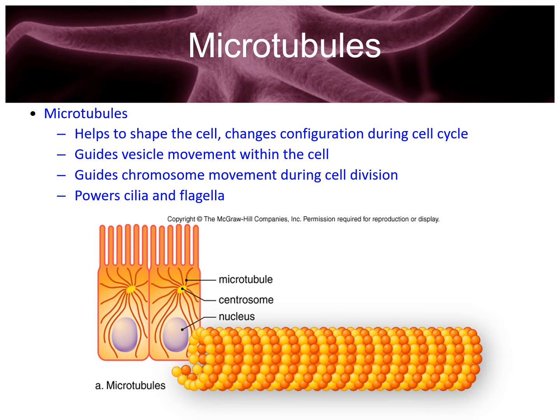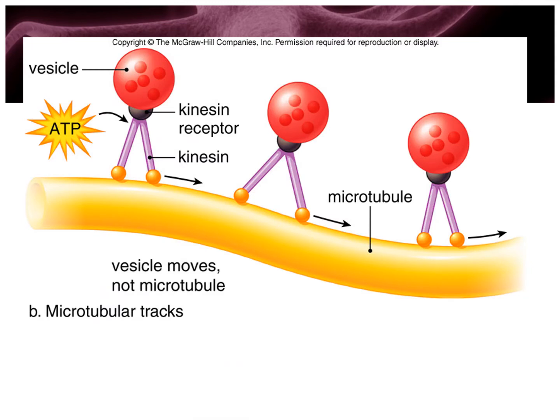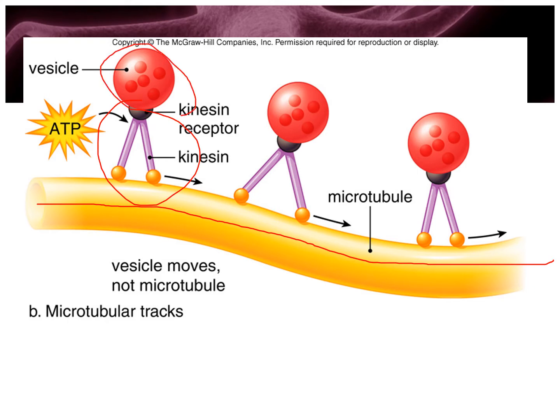So if the vesicle needs to be delivered to this plasma membrane down here, it can travel along that track. Whereas if it travels to the upper part of this cell, it will get on a different track and travel. Again, the microtubules are basically a train track along which the motor proteins that are hooked to the vesicles are traveling.